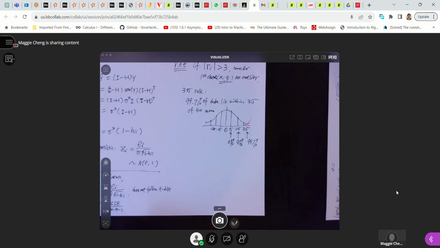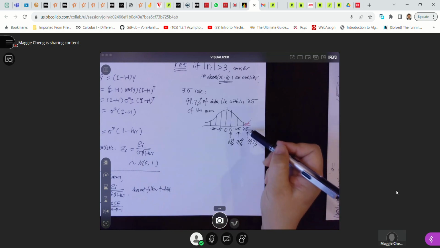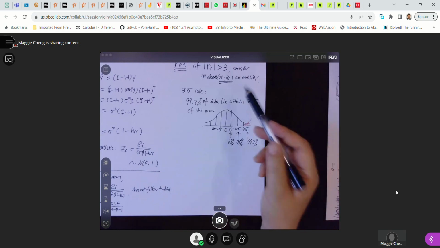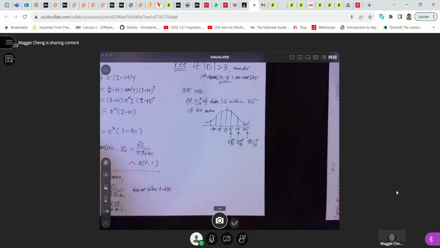But the idea, the rationale comes from here, okay? So basically, if you calculate data that falls outside of 3 sigma, you can reject it. All right? So far, so good. We can use Ri to immediately reject some data because you consider it an outlier.